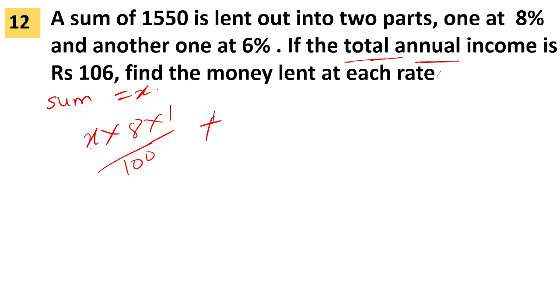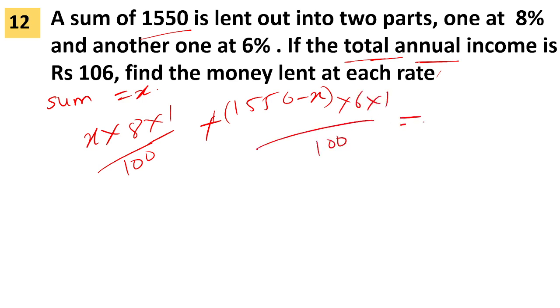First I have taken the sum as x, so the next sum will be 1550 minus x. First part is x, so the second part will be 1550 minus x into 6% for 1 year by 100, equal to the total simple interest we are getting, 106.